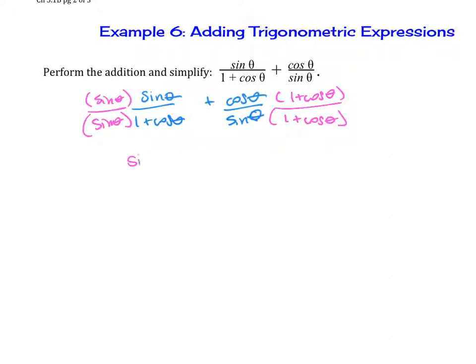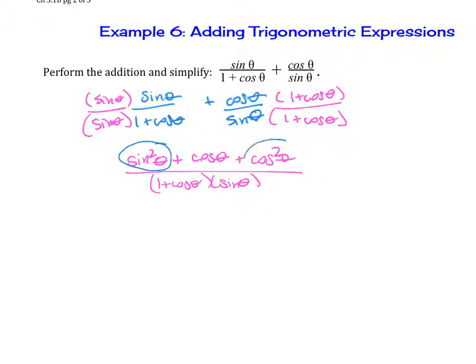So now this becomes sine squared of theta plus, so let's go ahead and multiply, cosine theta plus cosine squared of theta all over 1 plus cosine theta times sine of theta. So one thing we hopefully notice is that you have a sine squared of theta plus cosine squared of theta. So let's group that together.